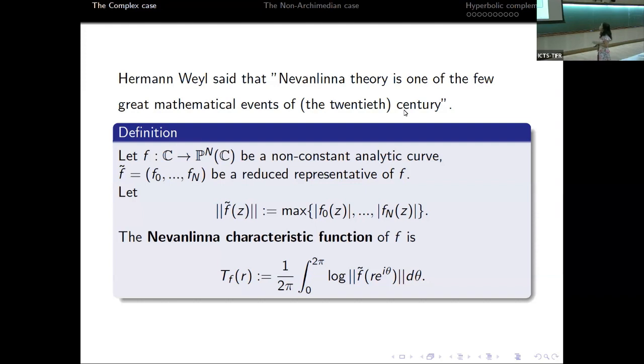So if f is a non-constant analytic curve and f tilde is a reduced representative of f, then the Nevanlinna characteristic function is defined by the average of the log function. And this function plays a role similar to the degree function.